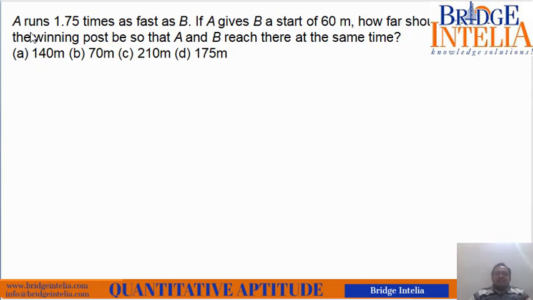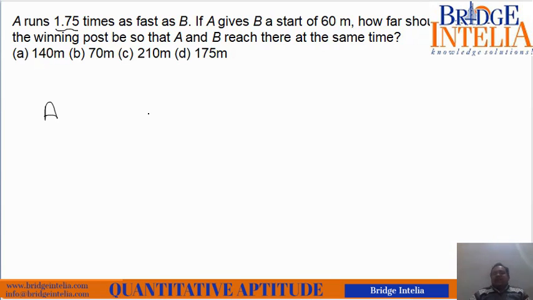A runs fast because it is said that A runs 1.75 times as fast as B. So if somebody runs 1.75 times as fast as the other person, it basically means given the same amount of time, the first person will cover 1.75 times more distance.